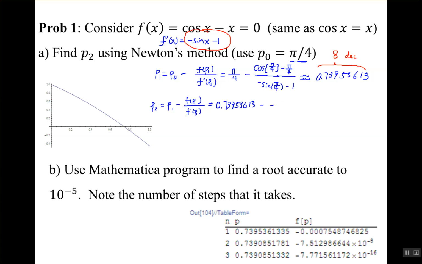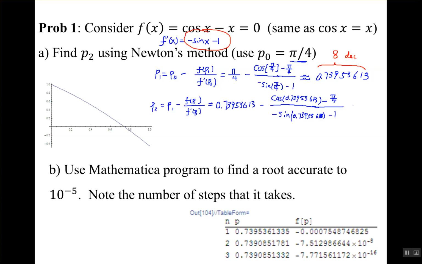So this is my P1 minus f of P1, which means cosine of my P1 minus the pi over 4 on top, divided by the f prime of P1, which means negative sine of, not the pi over 4 anymore, but my P1, so 0.73953613, minus 1.